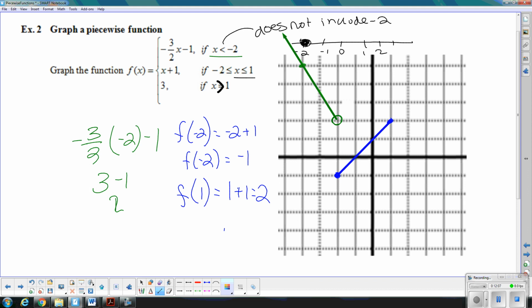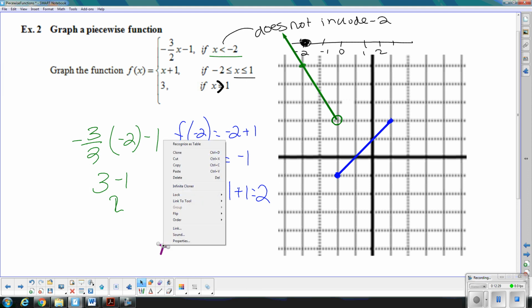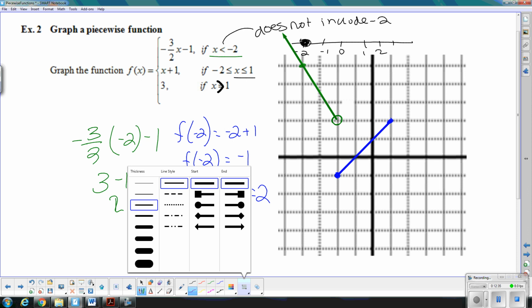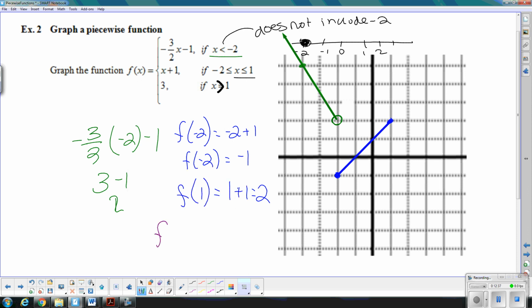Then I'm going to do the same thing for x is greater than 1. So again, I want to start with my minimum domain. So I'm going to start with my f of 1.